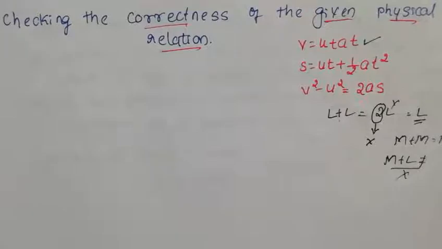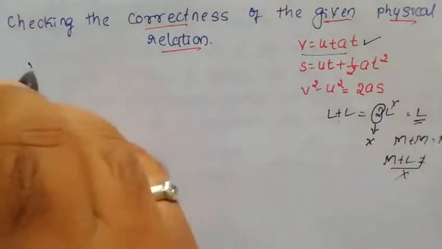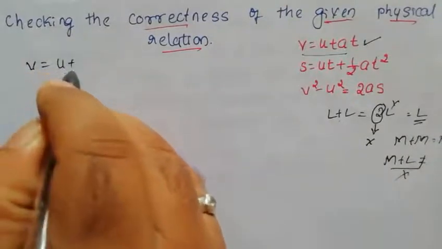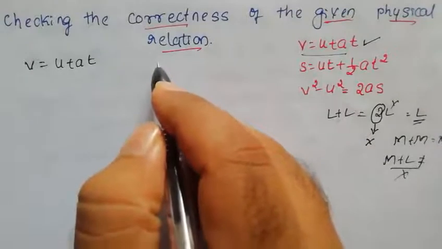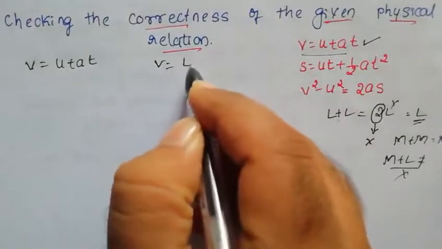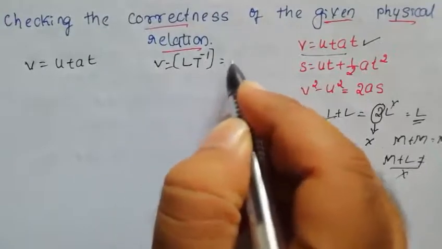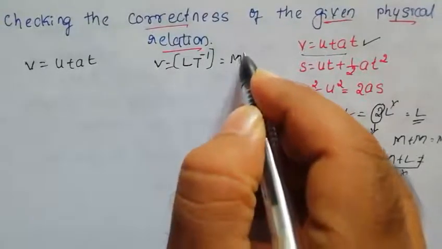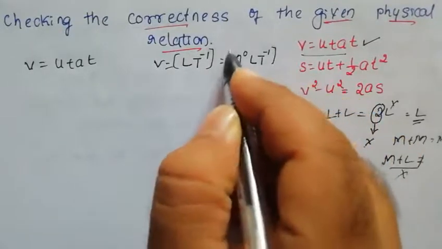Let us check one equation, v equal to u plus at. Now we know the dimensional formula for v is L t to the power of minus 1. We can write this also as M to the power of 0 L t to the power of minus 1.